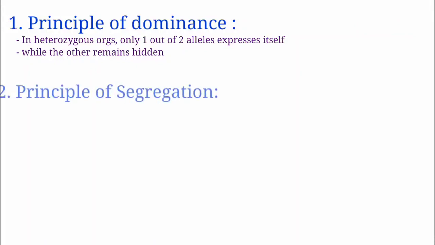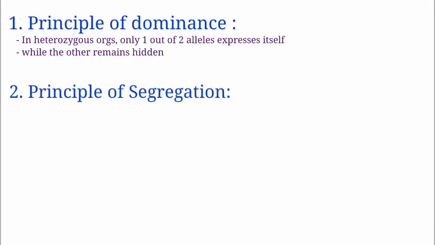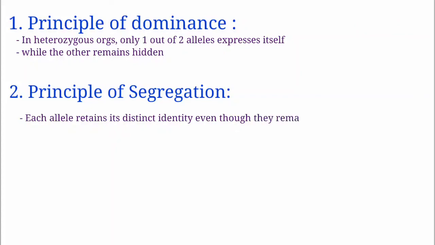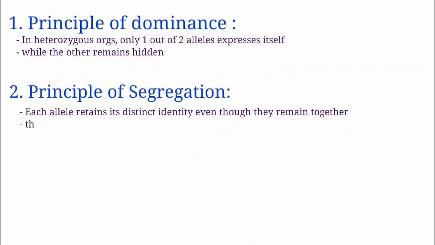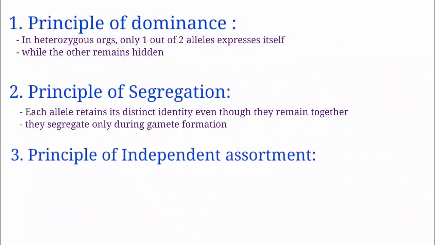Correct? Second is principle of segregation. Now here each allele retains its distinct identity even though they remain together in an individual. They segregate only during gamete formation. Correct? The third one, principle of independent assortment.